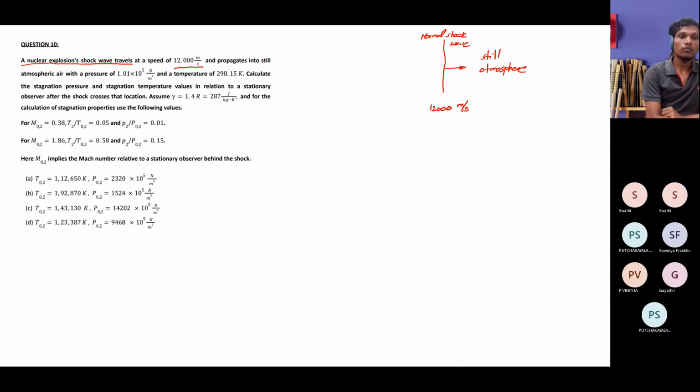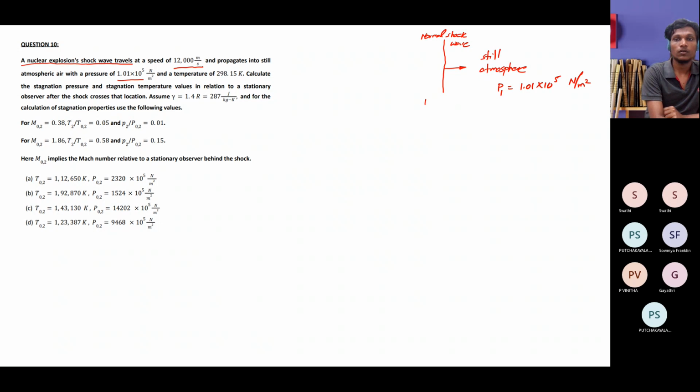The still atmosphere has a pressure of 1.01 times 10 to the power 5 newtons per meter square. So the atmospheric pressure, P1, is equal to 1.01 times 10 to the power 5 newtons per meter square.